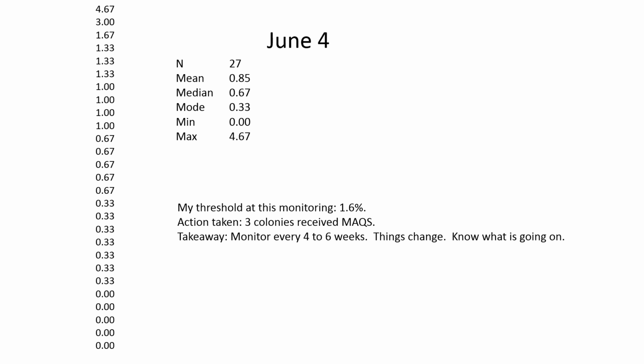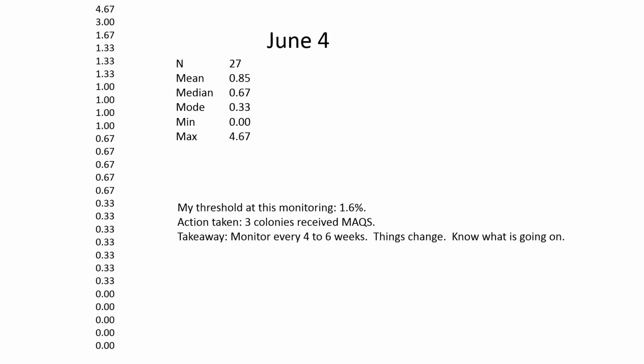The median number was 0.67, or 2/3 of a mite per 100 bees. The mode, the number that happened most often, was 0.33. The minimum was 0, and the max was almost 5%. So almost 15 mites in my 300 bee sample.